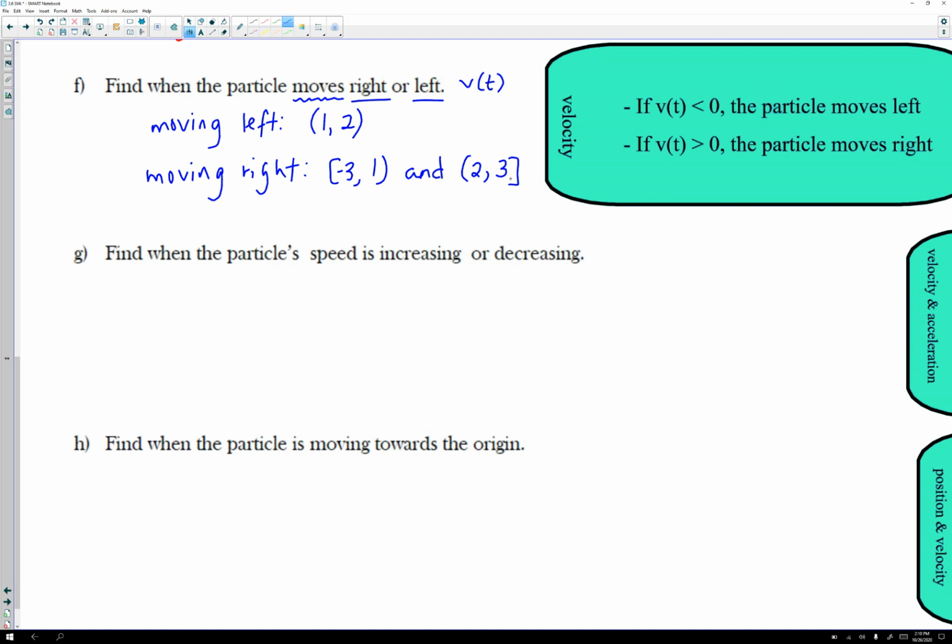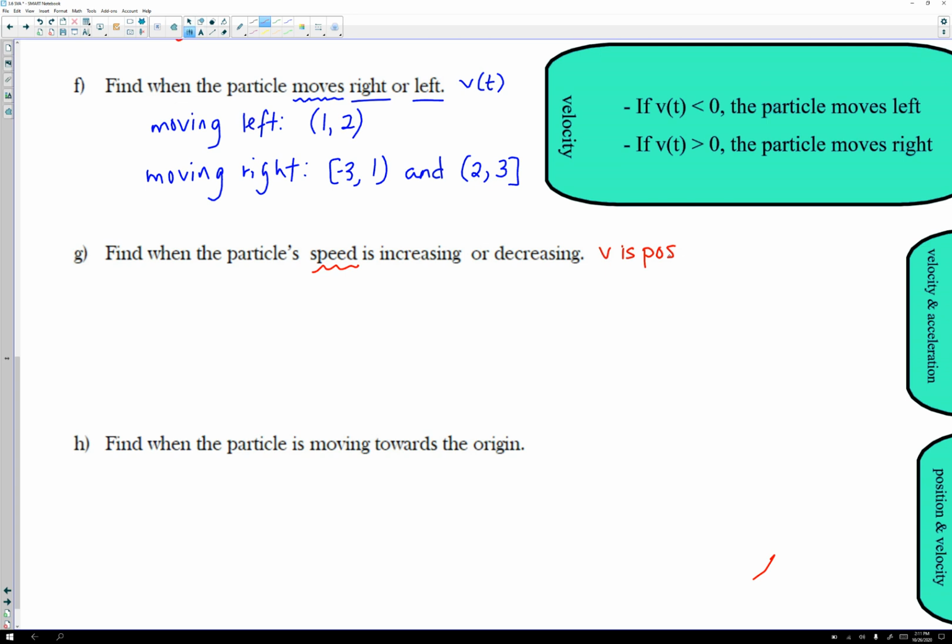Find when the particle's speed is increasing or decreasing. So speed is velocity, but without the direction. So if your velocity is positive, then that means your particle is moving to the right.